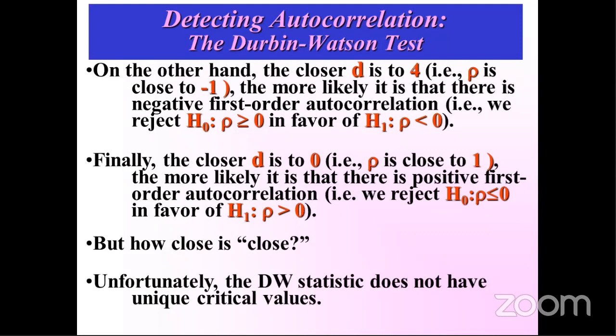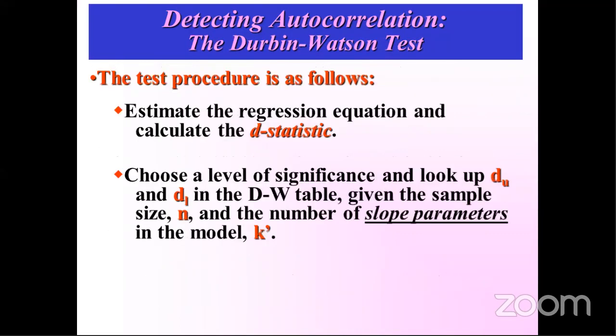At the 5% level, in the standard normal distribution, it is 1.96. So if your calculated value is greater than 1.96, you can reject your null hypothesis. Hence 1.96 is a unique critical value, but there is no such uniqueness in the case of the Durbin-Watson test statistic. That is the unfortunate thing about the use of this Durbin-Watson test.